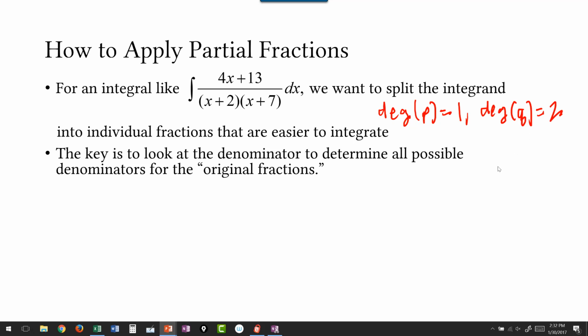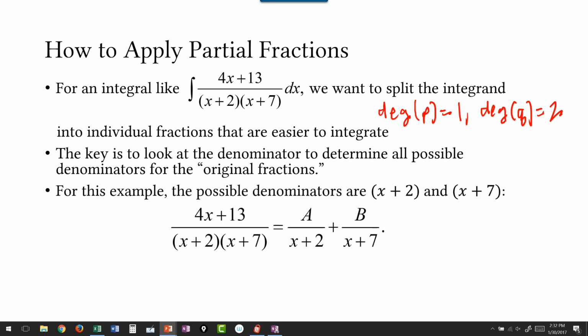Because the denominator here is already factored, it's not so hard to see that the two possible denominators are going to be x + 2 and x + 7. What we would like to do is take the original function and figure out how to rewrite it as some number A over x + 2 plus some number B over x + 7.